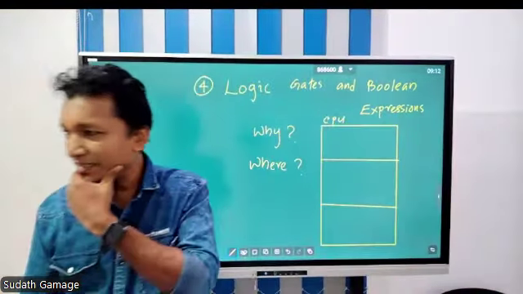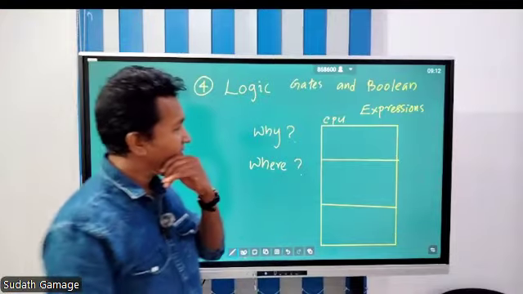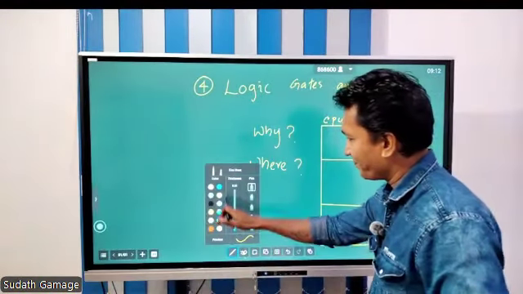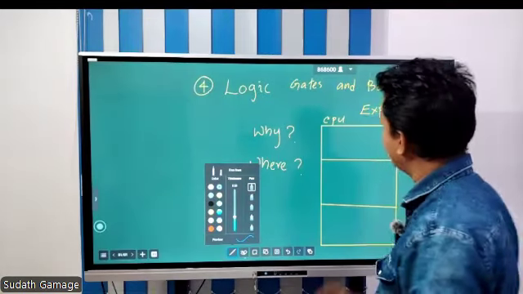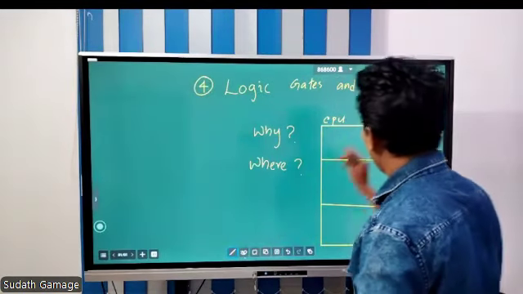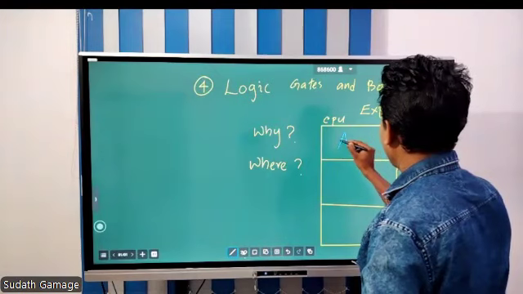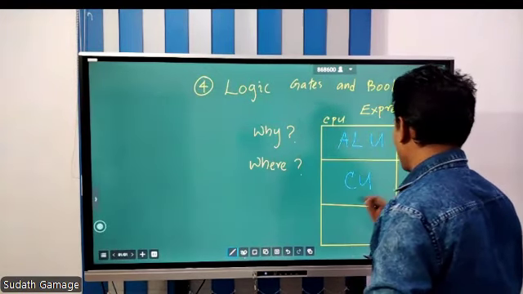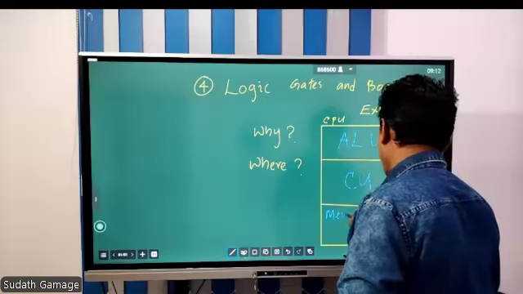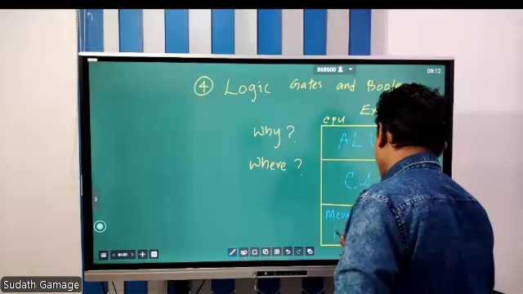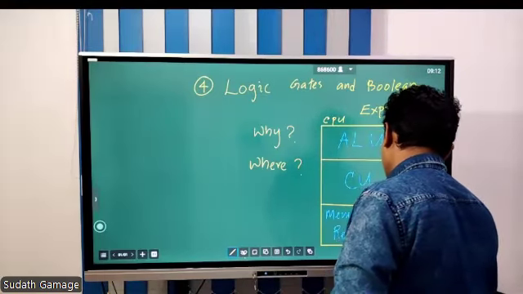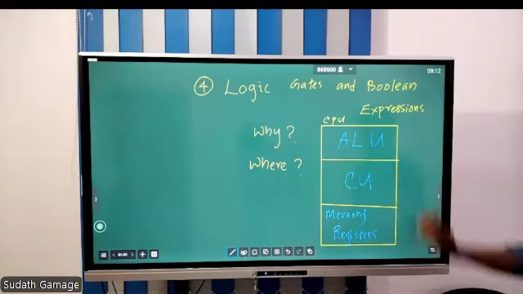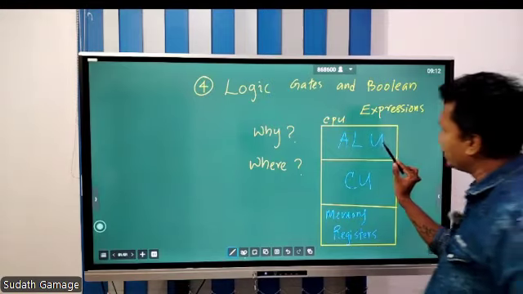Remember? One is the ALU, arithmetic and logical. Memory. Registers. The ALU is the arithmetic and logic unit.